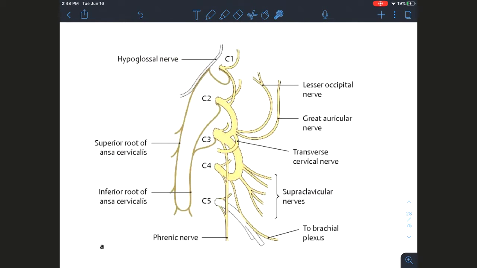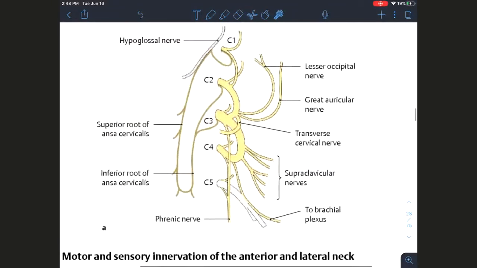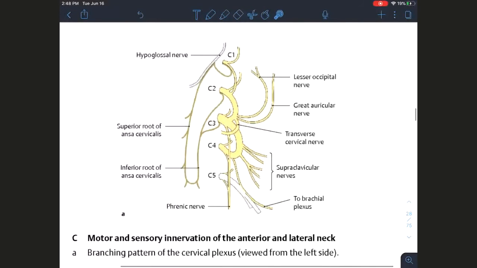And let's see. So that's the motor component of it. The sensory component comes off posterior laterally, posterior to the SCM. Okay, I think that's pretty much all I have for the ansa.